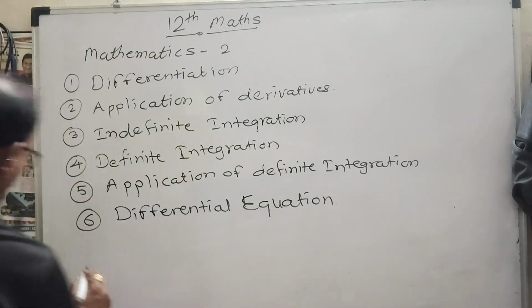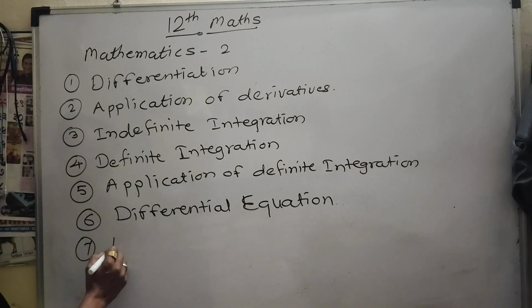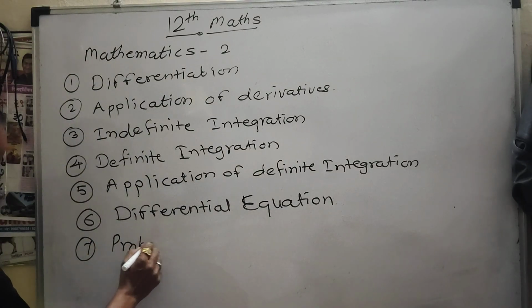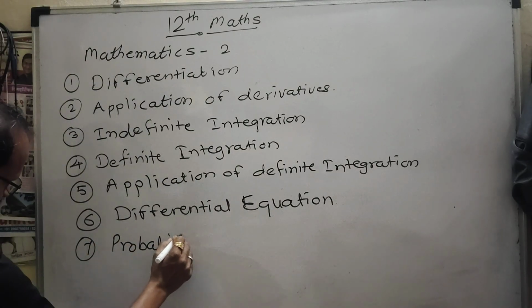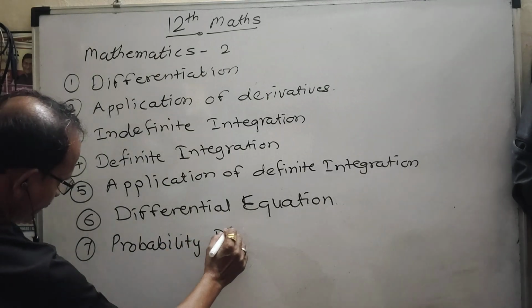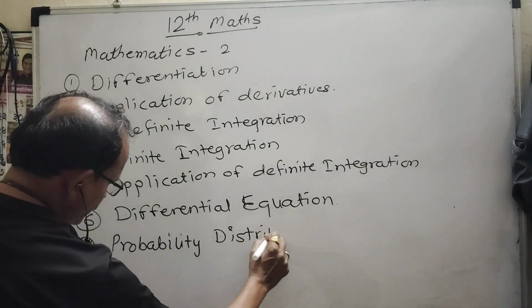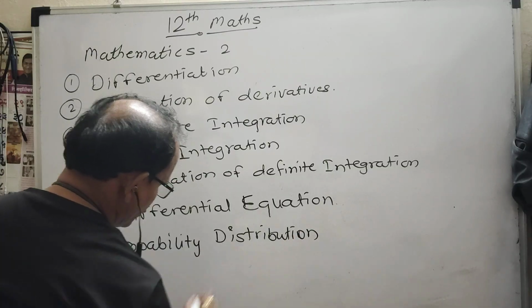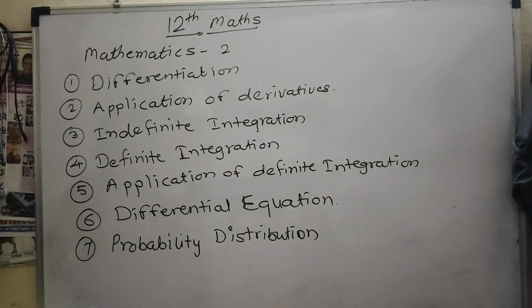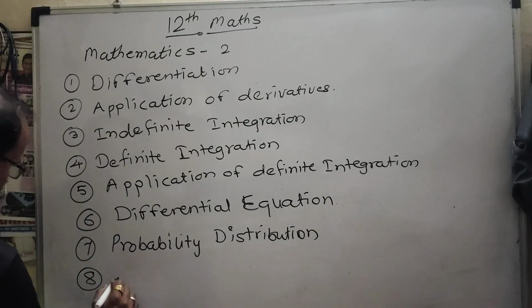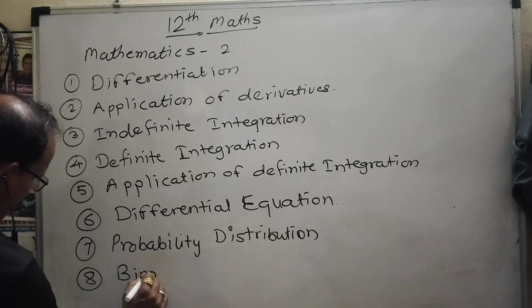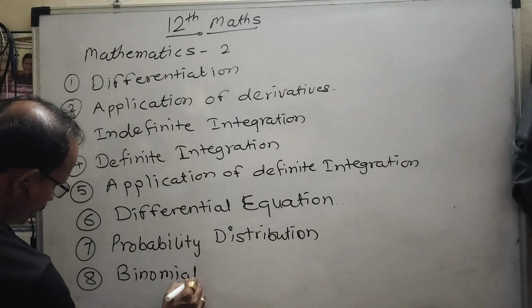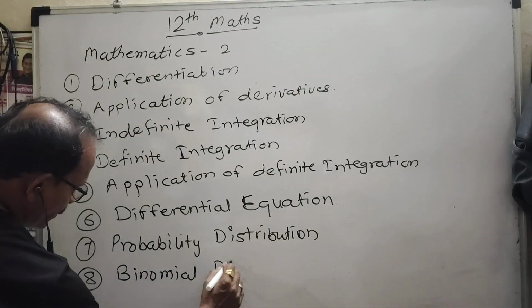Seventh is probability distribution. And chapter number 8 is binomial distribution.